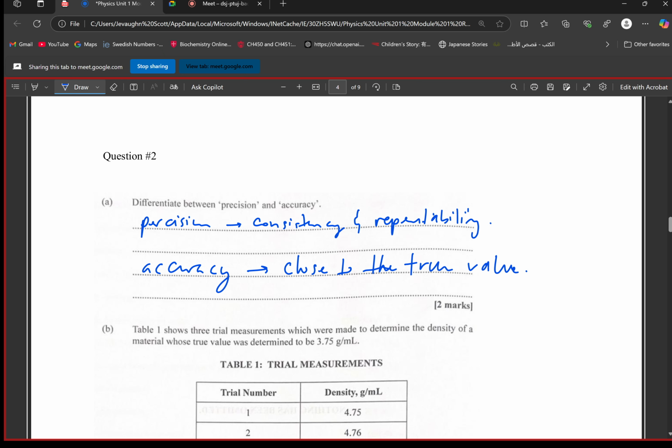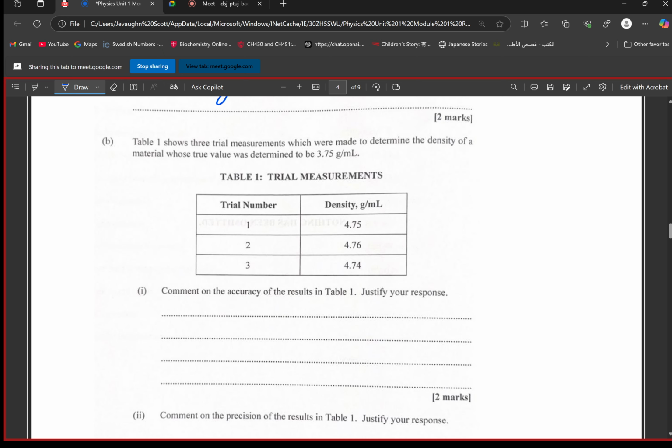Go ahead, person who raised their hand. The true value is right here.